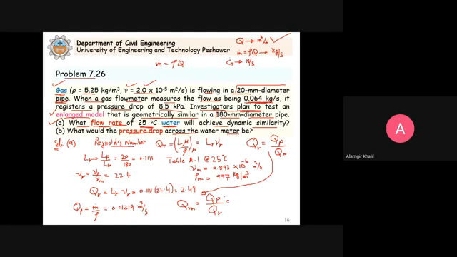So this is equal to 0.0049 cubic meter per second. This will be the discharge in the model. What flow rate of 25 degrees C water will achieve dynamic similarity? So this will be the discharge.